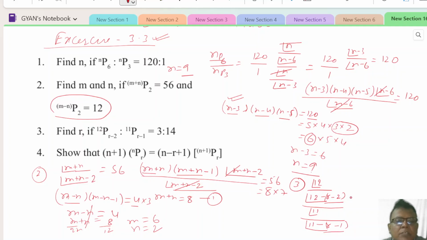So that is equal to 3 by 14. So this will get cancelled and this will be 12. 12 into factorial 11. So this will get cancelled.